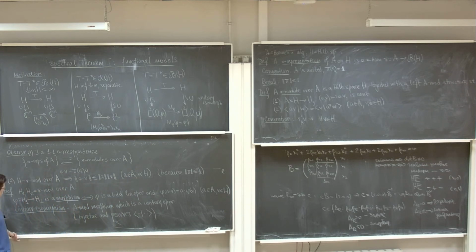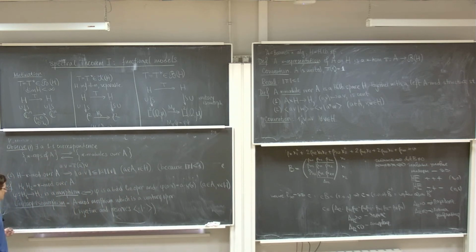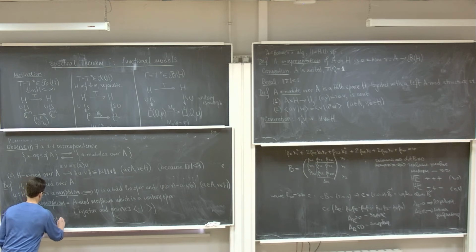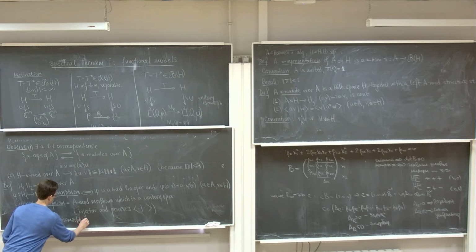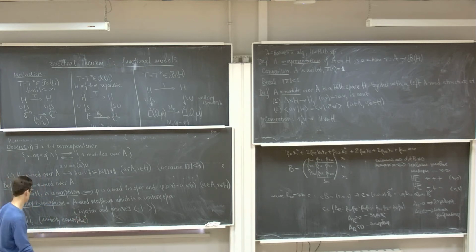And we say that H1 and H2 are unitarily isomorphic, and write the following symbol, if there is a unitary isomorphism from H1 to H2.